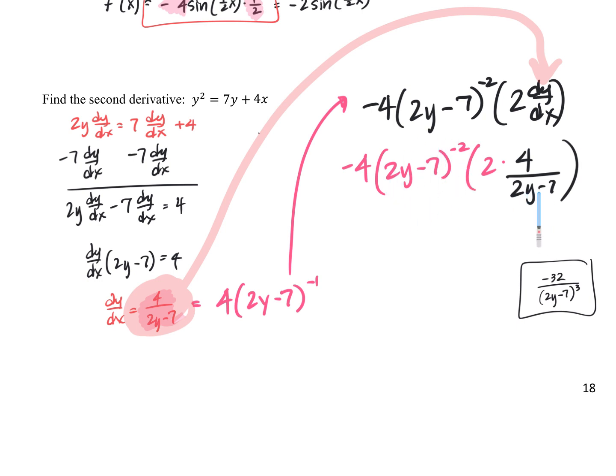On the bottom. Don't I already have one of them on the bottom? Is that going to get us 2y minus 7 to the 3rd down there? Yeah, buddy. Would I have a -4 times a 2, which is -8, times a 4 to get a -32? So same thing, different way to do it. Is it easy to forget chain rule? Yeah, but chain rule is in both of them, so just throwing different options out there, okay?